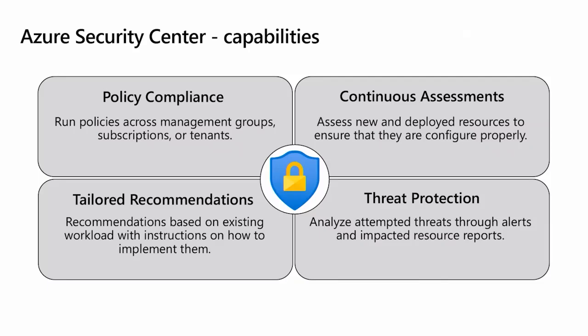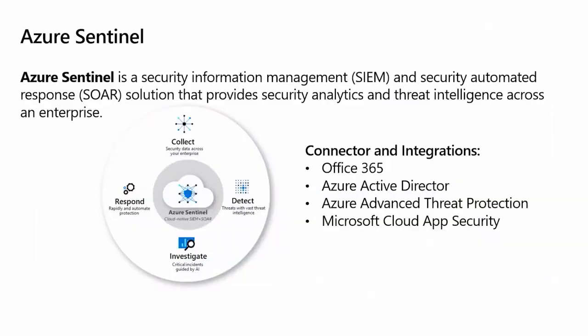All right, next we have Azure Sentinel. And this is really great because think of this as a bird's eye view across your entire enterprise. So really what it's doing is taking all of this history and experience that Microsoft has in security and putting it to work for you in your own enterprise.